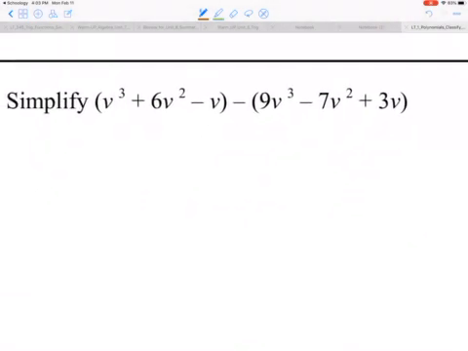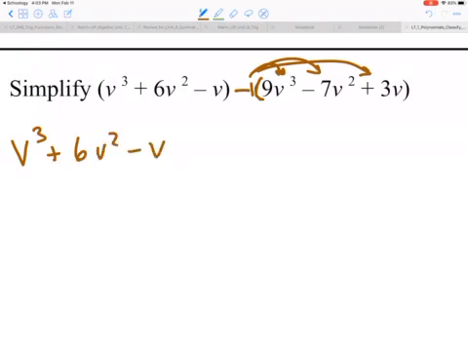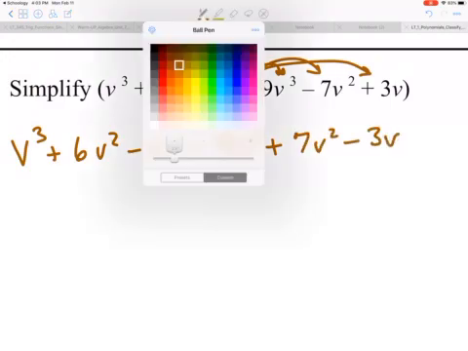Let's look at this one. I have the first polynomial minus the second one. So what I need to do is distribute a negative 1 into each of these terms. So I get v cubed plus 6v squared minus v minus 9v cubed plus 7v squared minus 3v. So I need to add my like terms.